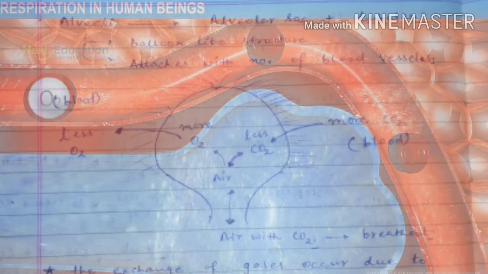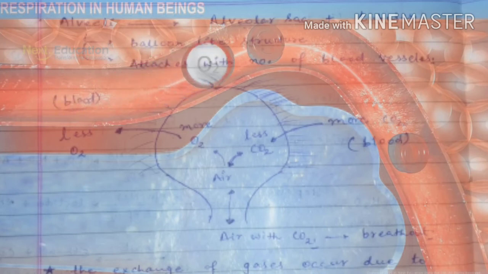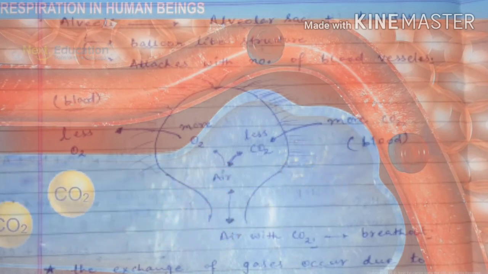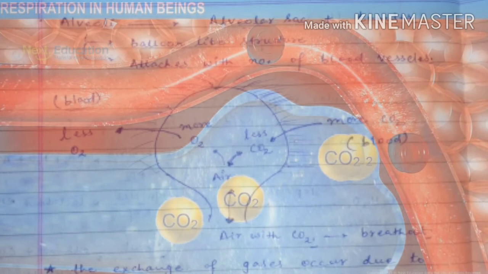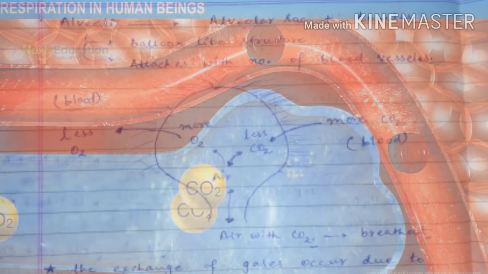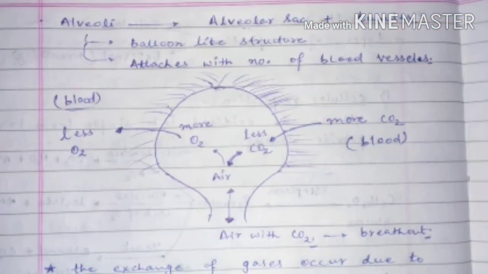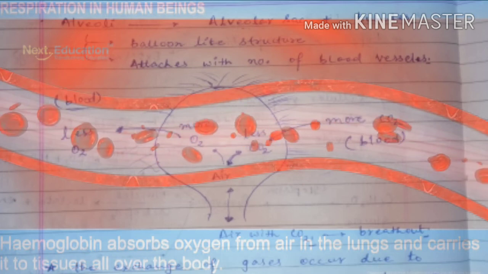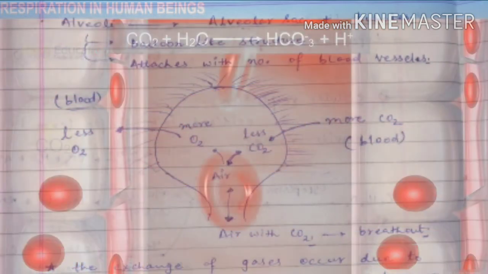Due to the difference in partial pressure of gases, diffusion occurs between them. The CO2 comes into the alveoli while the oxygen enters the blood vessels. Because of that, the deoxygenated blood becomes oxygenated blood. Then it is transported and reaches each and every part of the body.